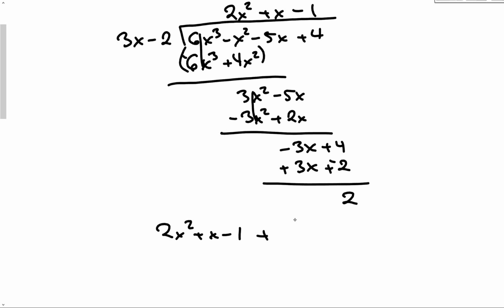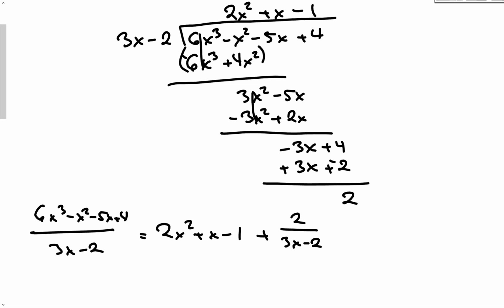So we're going to add 2 over the divisor, which is 3x minus 2. So this is what 6x to the third minus x squared minus 5x plus 4 divided by 3x minus 2 is actually equal to.